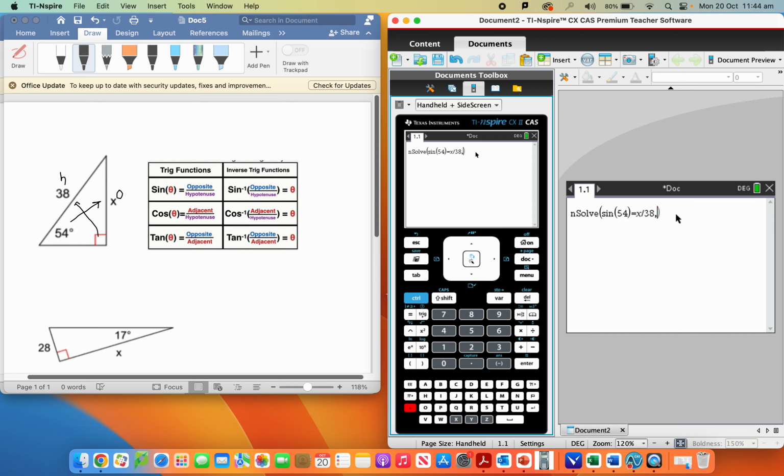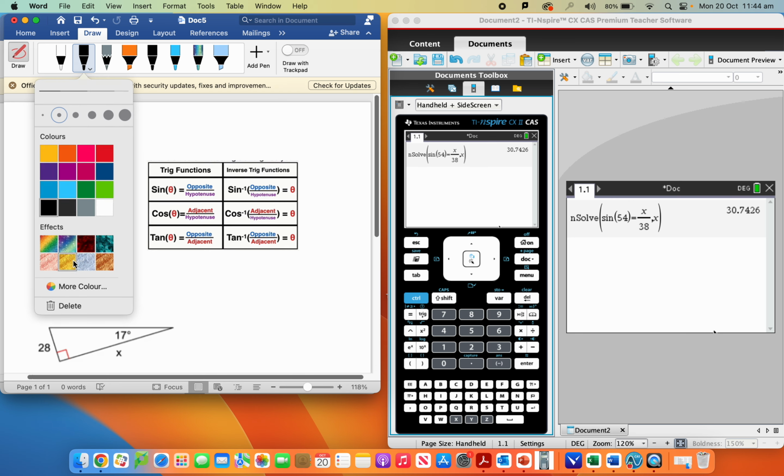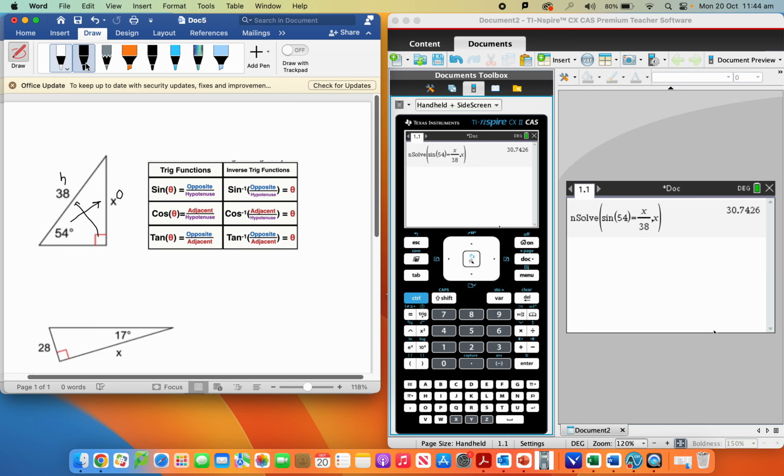We're going to do comma x, because x is what we're solving for, and close the bracket. When we press enter, our side length is going to be 30.7426. We would round that appropriately, and if we're doing it to 2 decimal places, which is the common one that we ask you to do, we're just going to write 30.74.